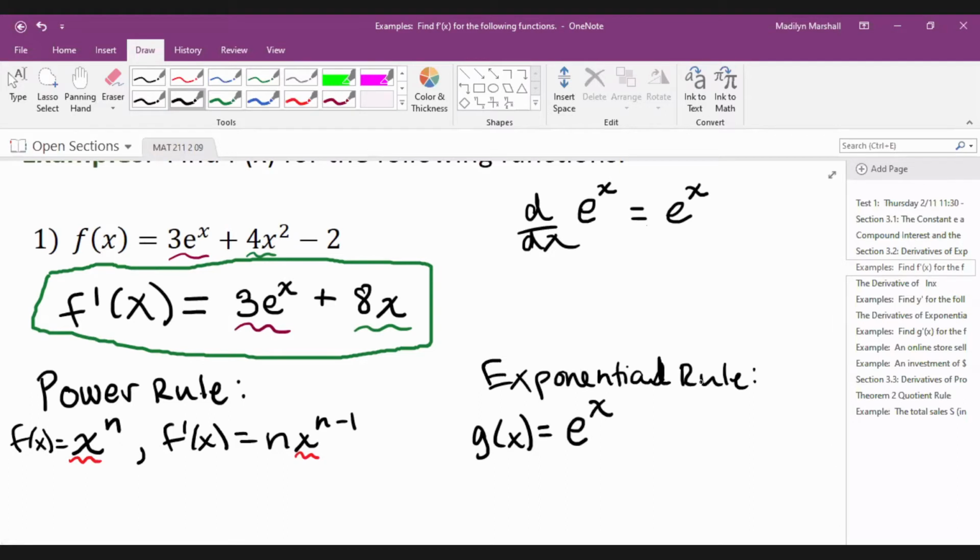Now we have a constant number e on the base of our exponent, and x is up in the exponent. And in that case, the derivative is just itself. And that's just because it's not going to be changing?